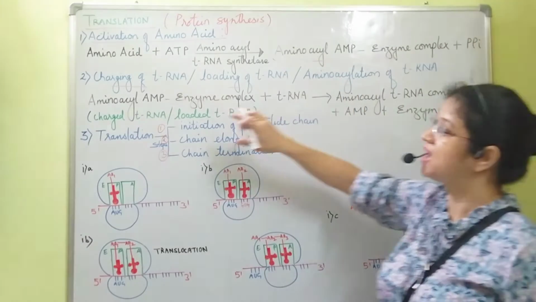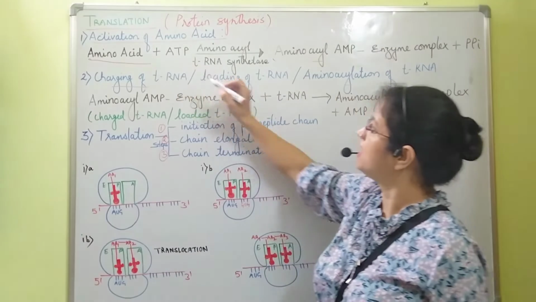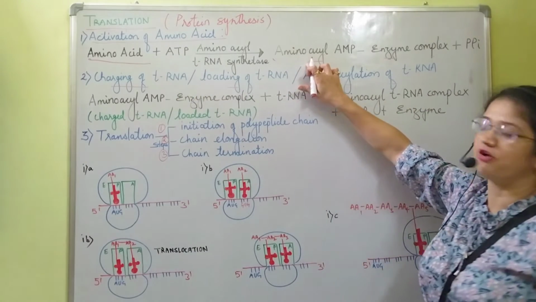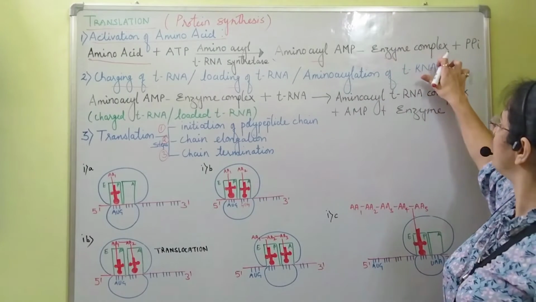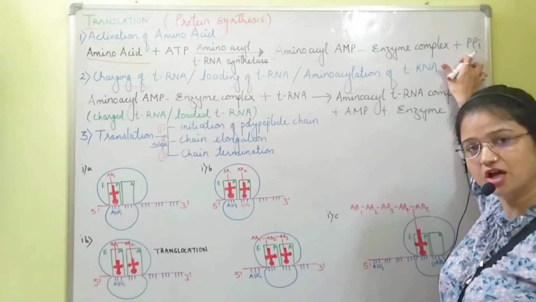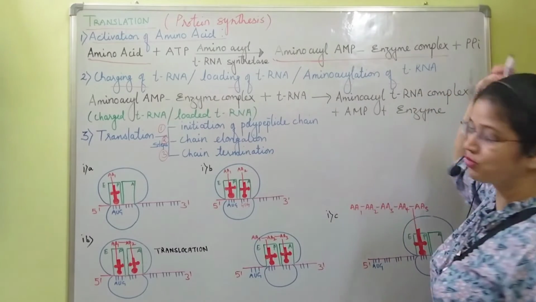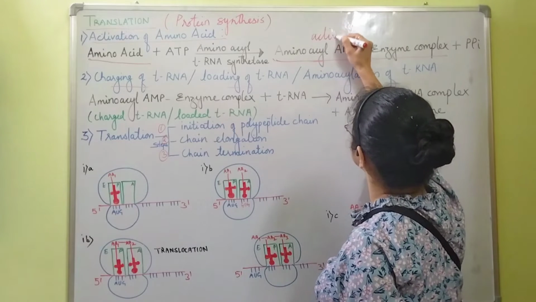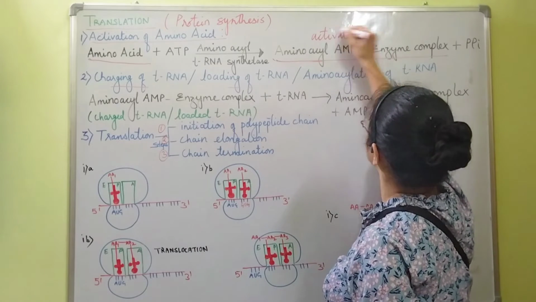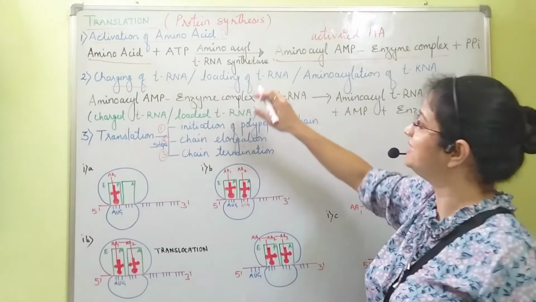Just see here, amino acid reacts with ATP and results in the formation of amino acyl AMP enzyme complex with release of inorganic phosphate. This amino acyl enzyme complex is actually the activated amino acid. And to carry out this process, we need an enzyme.